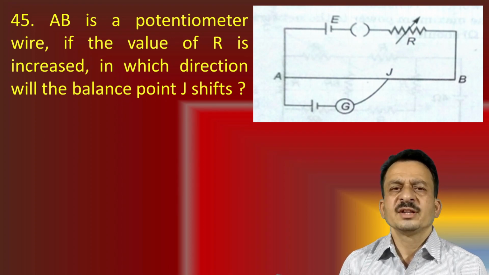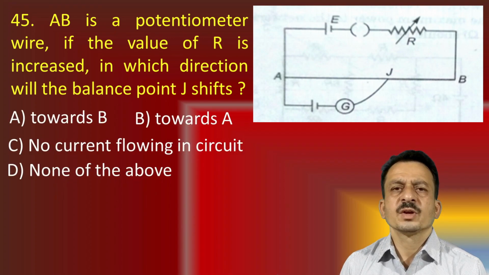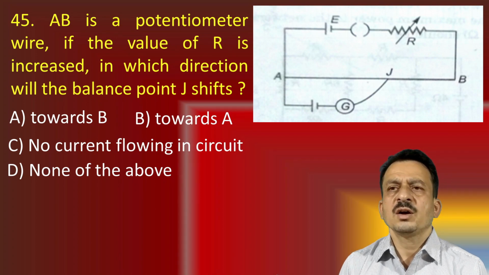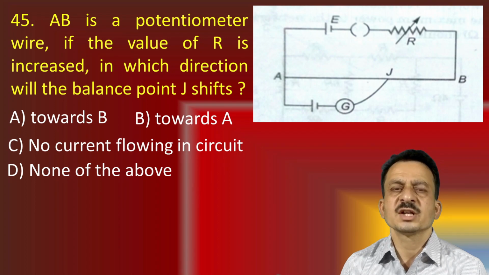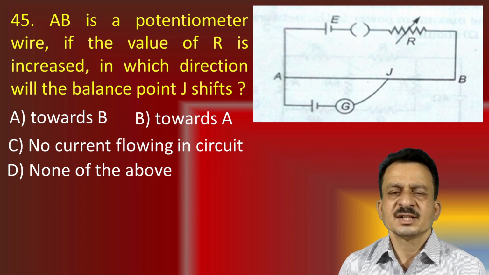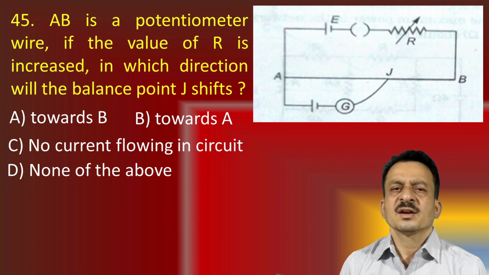The options are: A, towards B; B, towards A; C, no current flowing in the circuit; D, none of these. Now as and when the resistance value R in the circuit is increased, more potential drop is observed across the resistor, and hence across the wire AB the potential drop is decreased.